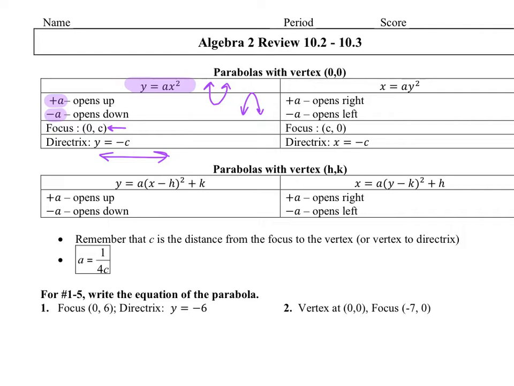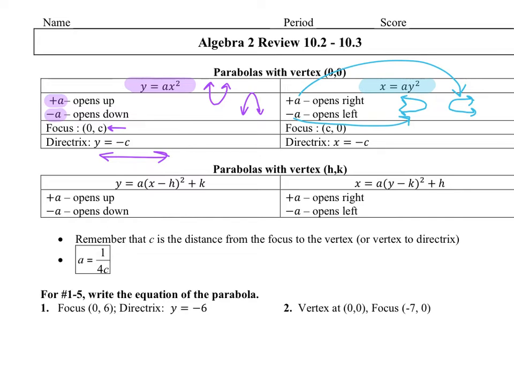If you look at it the other way, you have x equals a y squared, and this is the one that opens left or right. So it's either going to open this way or this way. If a is positive, it opens to the right. If a is negative, it opens to the left.